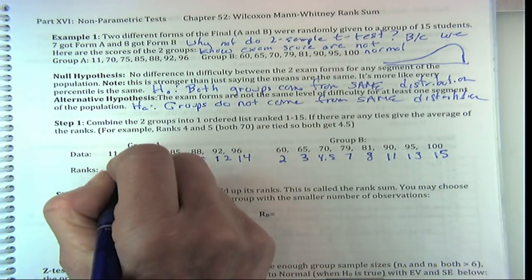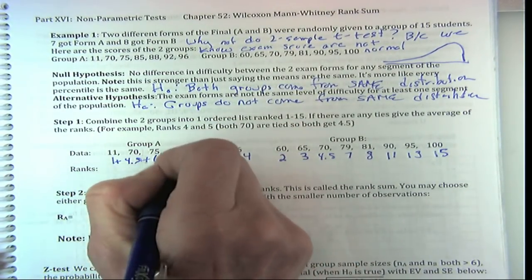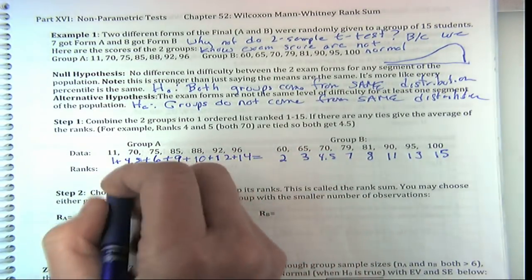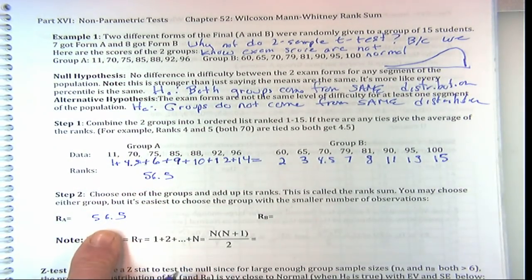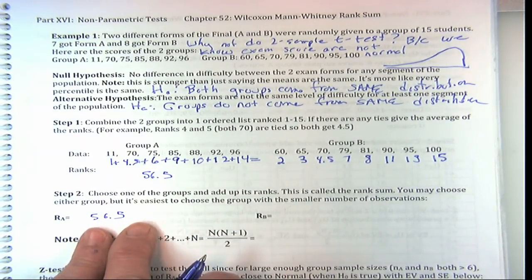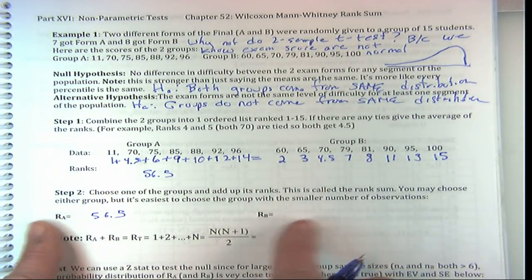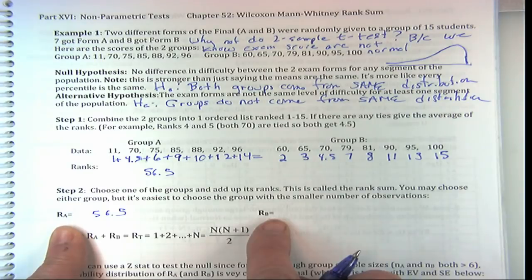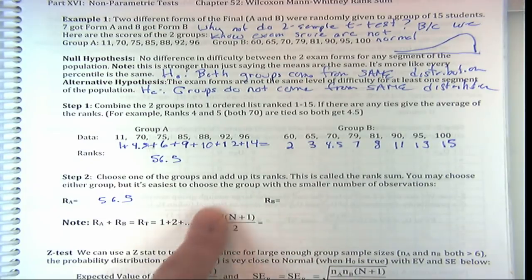Okay, so let's add all this up. Just adding up all these numbers. I added those all up, and I got the rank sum is 56.5 for group A. Once you get the rank sum for group A, the rank sum for group B is determined, because the two together have to add up to the sum of the numbers between 1 and n, and that follows this nice formula here.